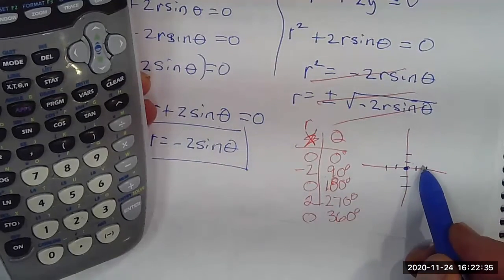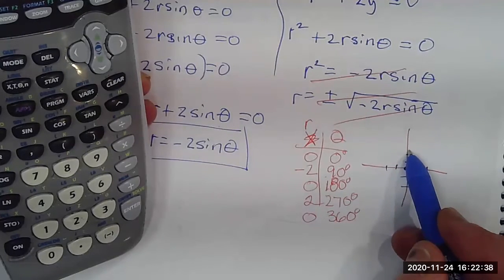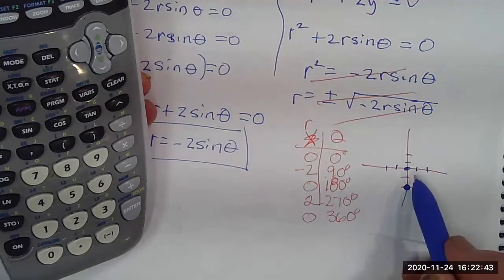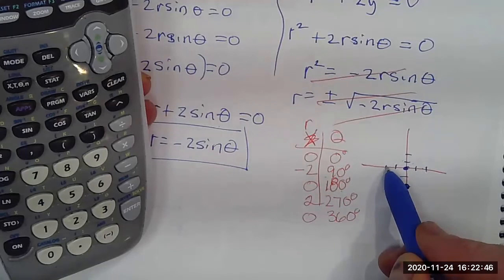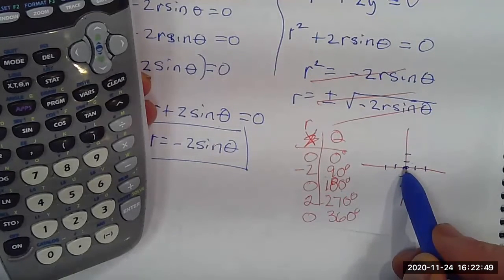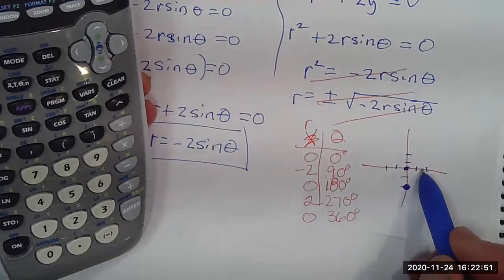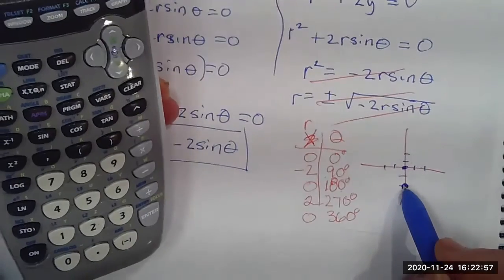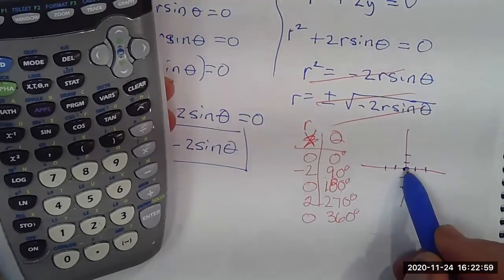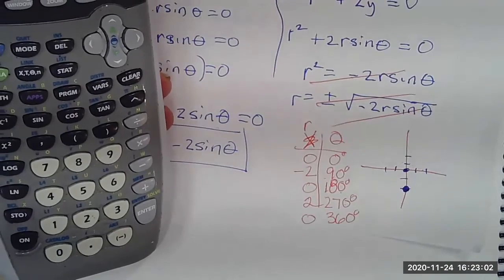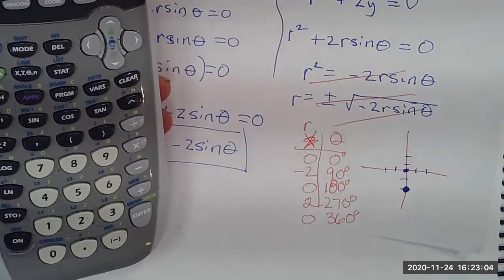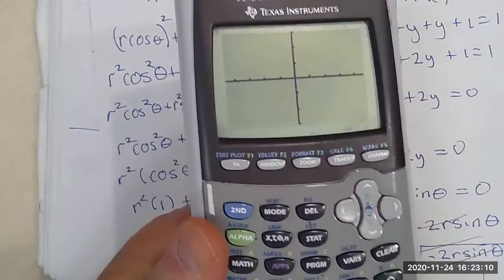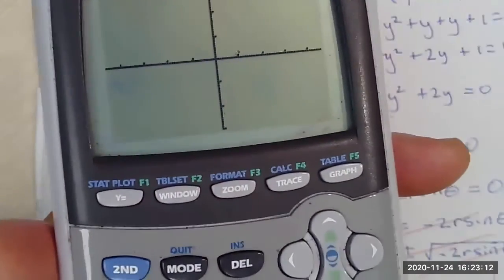So 90 degrees goes up here, but r is negative 2, so it's going to go down here. 180 degrees is over here, and 0 back over here. 270 is way down here, and it's 2, so put a dot right there again. 360, same thing. So all it's doing is putting dots. Origin, negative 2. Origin, negative 2. Jeff, are you serious? I don't see anything. I know. The calculator doesn't put the dot very well.